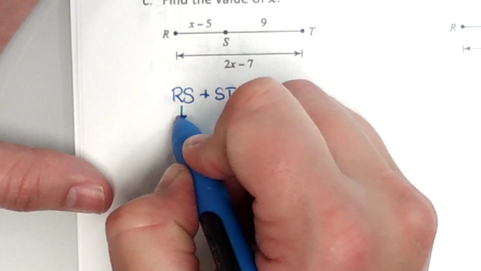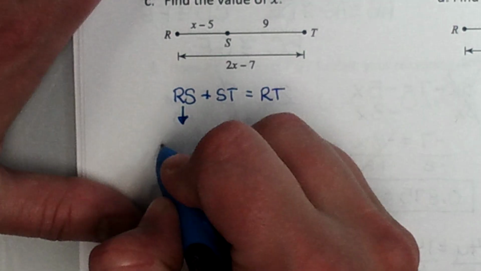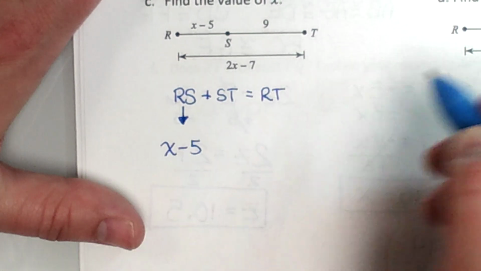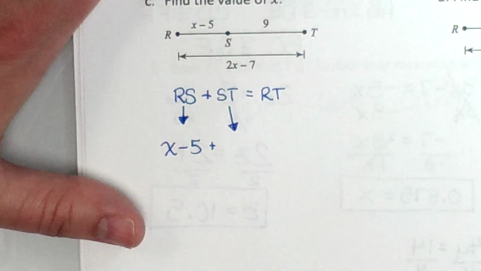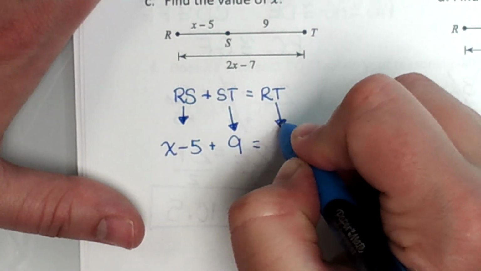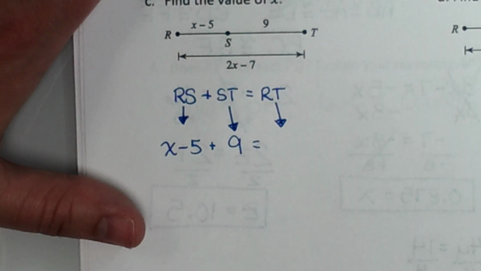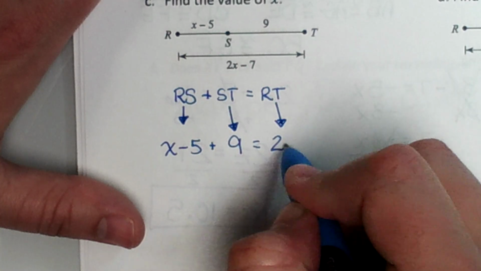Traditionally, we would go directly to the variables though. RS, what's the length of RS? x minus 5. And I'd put that there instead. Plus, what's the length of ST? 9. Equal to, what's the length of RT? 2x minus 7.